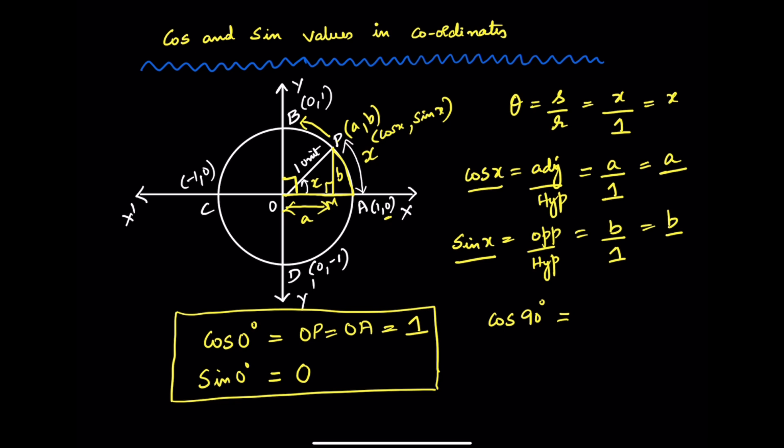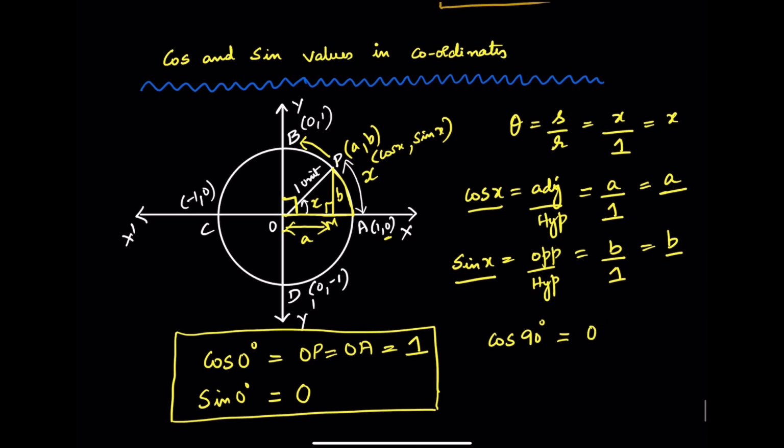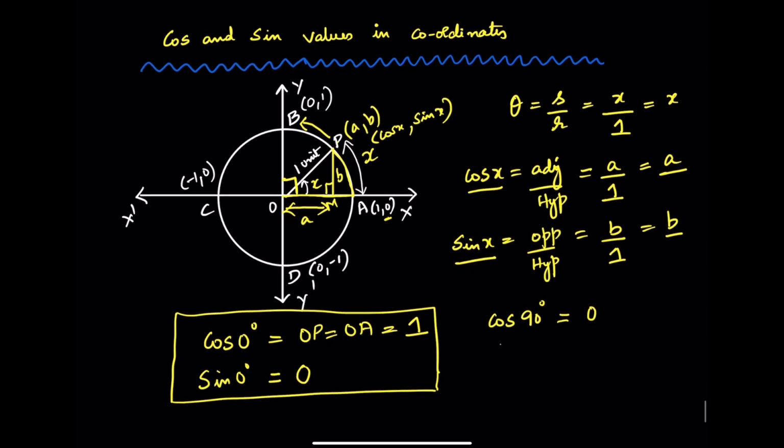So cos 90 degrees is 0. And what would be the value of sin 90? When P reaches point B, the y coordinate is equal to 1. So sin 90 is 1.